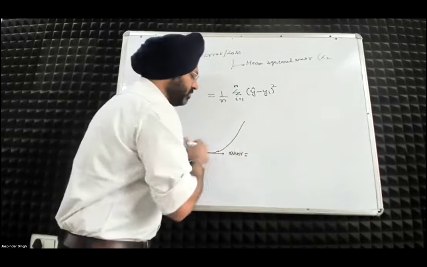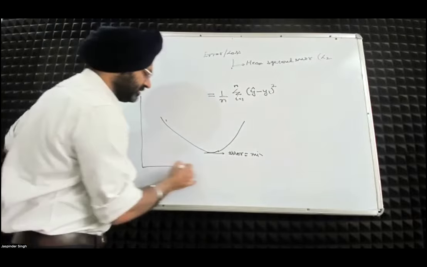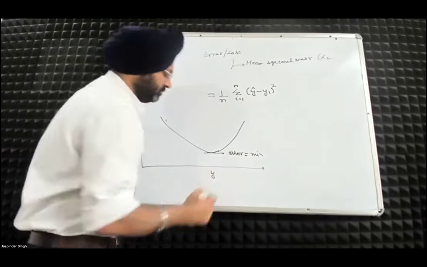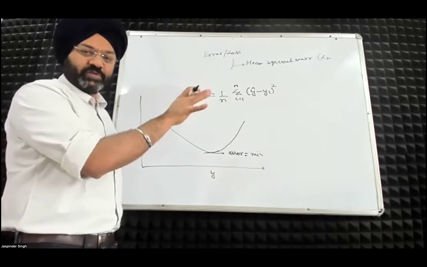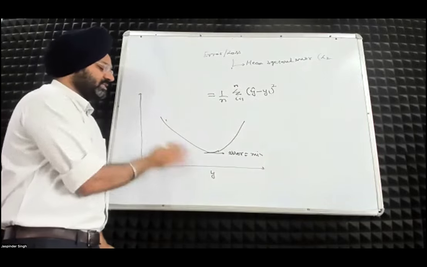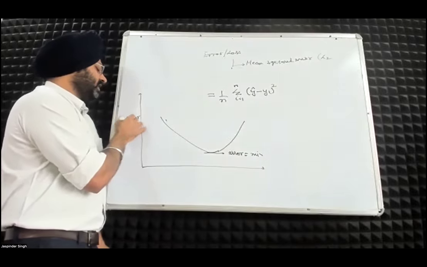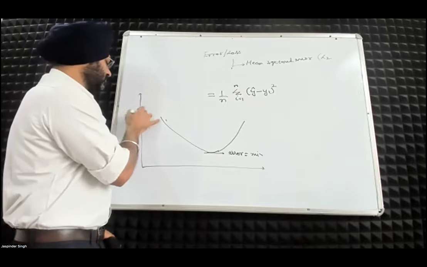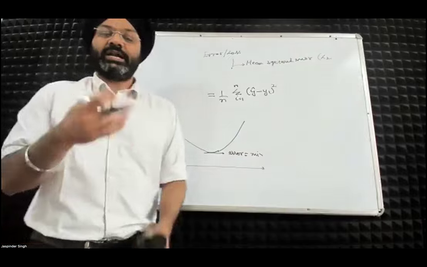Not zero, minimum. And if this is my x-axis, this is my y-axis. Just remind me one more thing before I talk about the axis: this is the value of the error, or the loss function. The loss function curve is like this because it's quadratic.